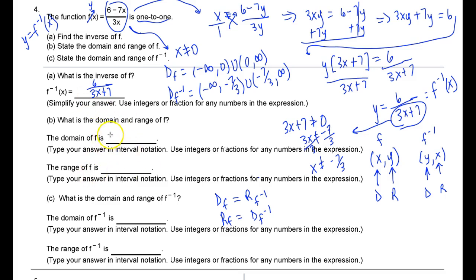The domain of the original function is going to be all real numbers except for 0. The range of the original function is going to be the same as the domain of the inverse, which is all real numbers except for 7/3.